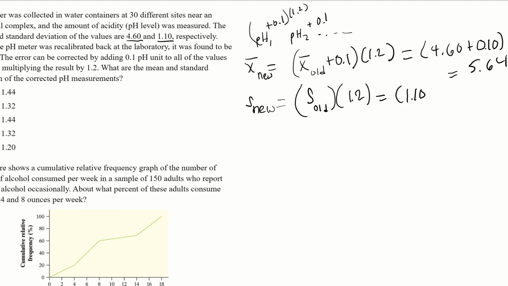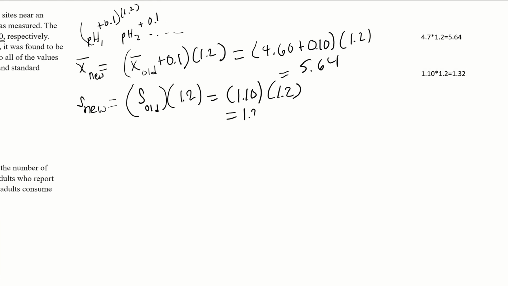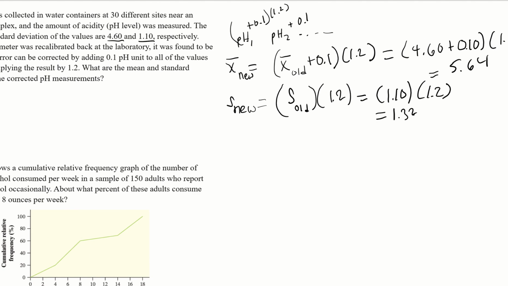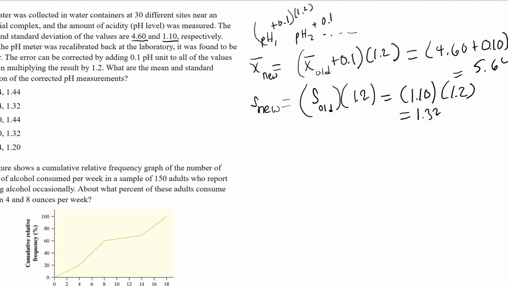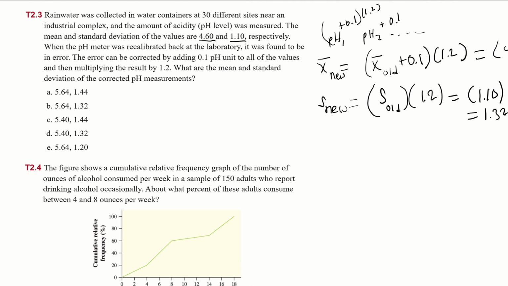So we're going to do 1.10 times 1.2. So you have 1.32. All right, so those are your new mean and new standard deviation values. So we got 5.64, 1.32. So the answer has got to be B.